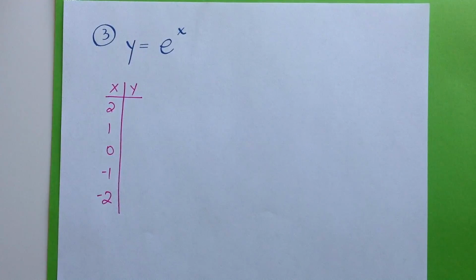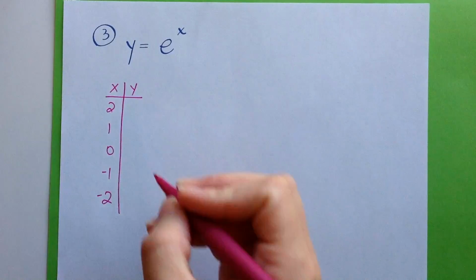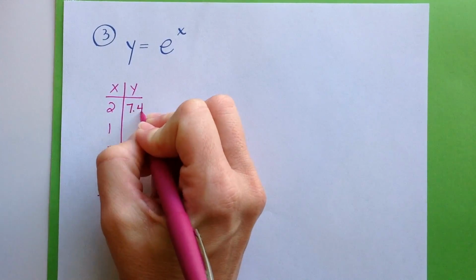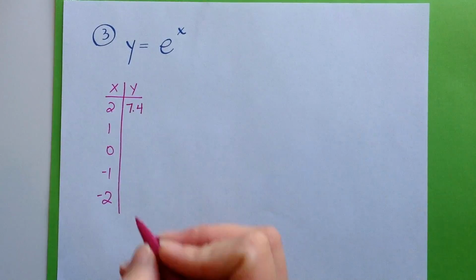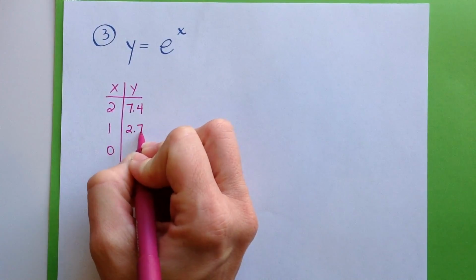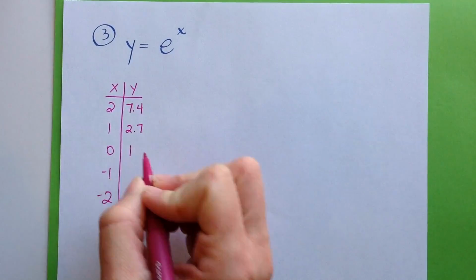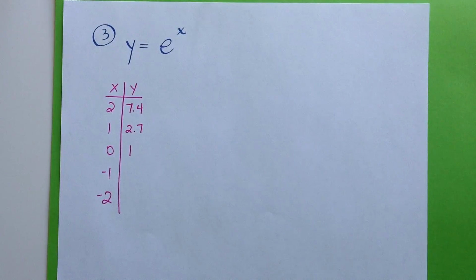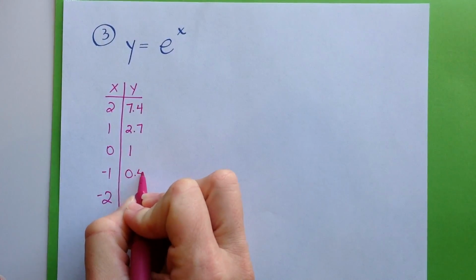So like e to the 2nd power, if I round it to 1 decimal place, that's approximately 7.4. e to the 1st power will be about 2.7. e to the 0 is 1. Okay, and then we need to calculate e to the -1. That's going to be approximately 0.4.